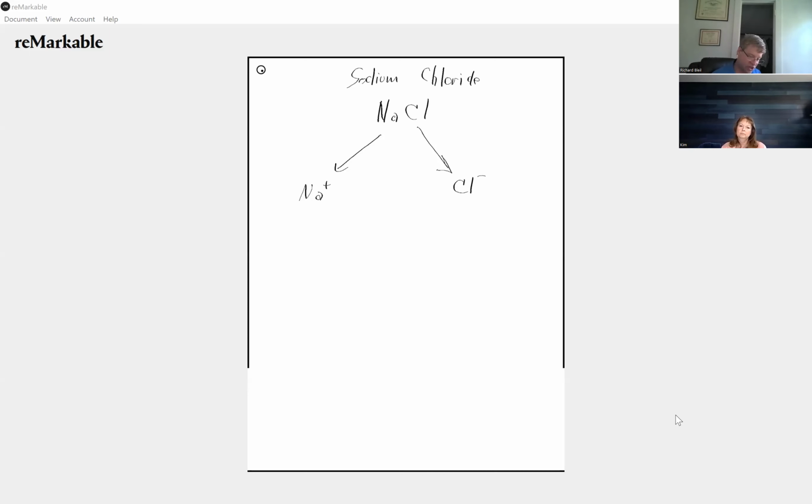Atoms with a charge collectively are called ions. They're very common. If you have a charged atom, and you don't want to specify if it's positive or negative, they're called ions.